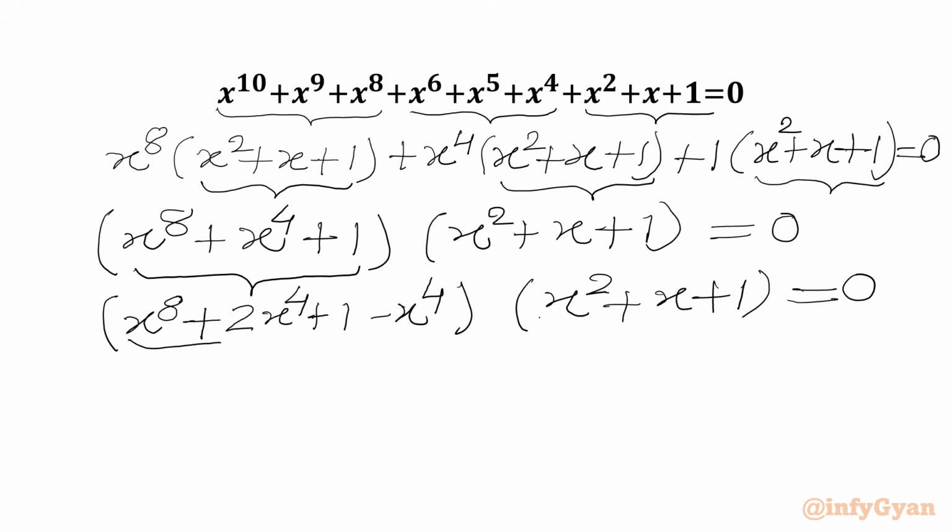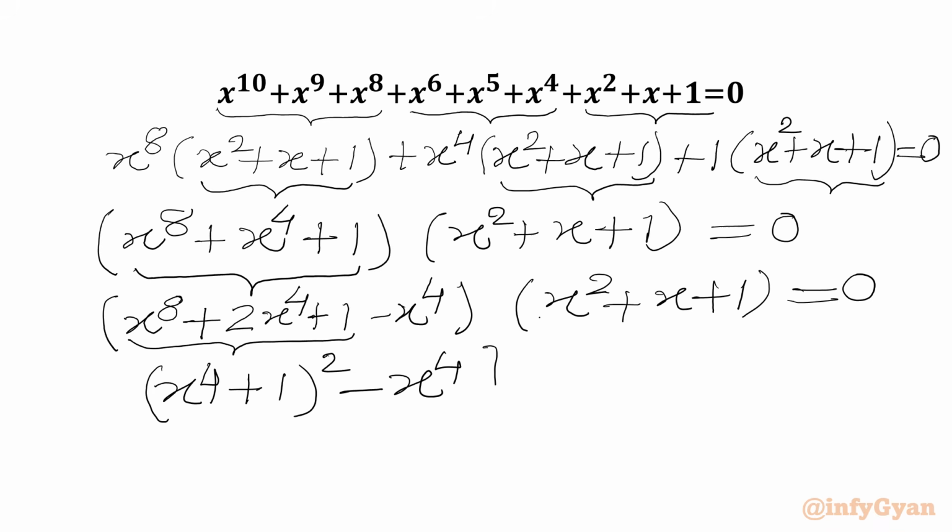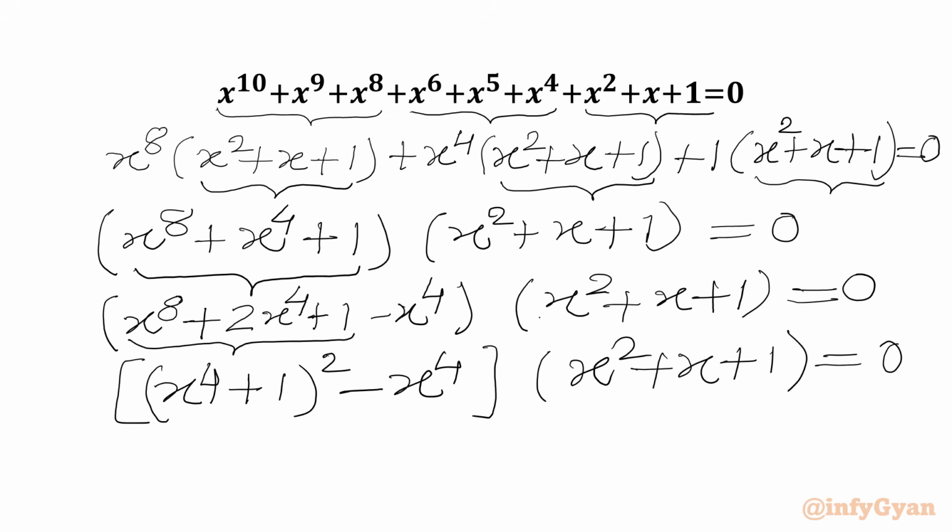Now from these three terms, we can write one perfect square, x power 4 plus 1 whole square, minus x power 4, times x square plus x plus 1 equal to 0.